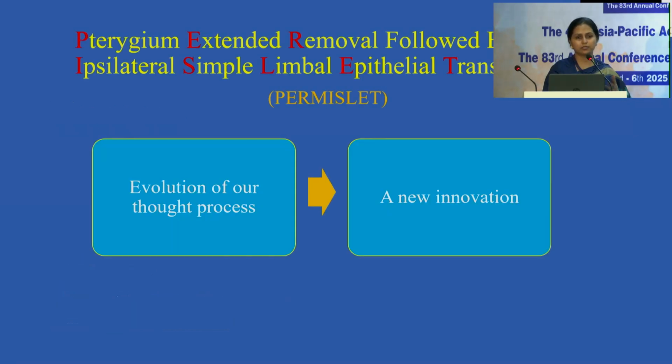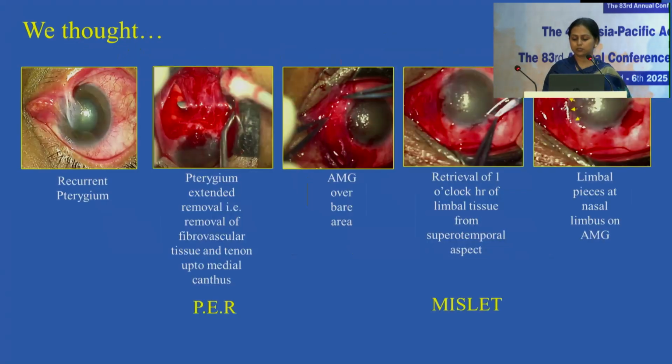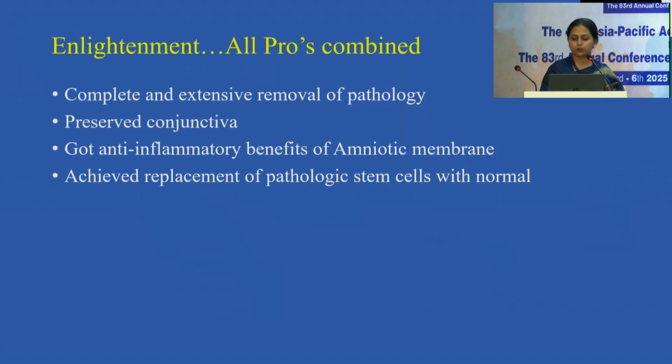Now, our thought process, why we wanted to go for this modification in the already perfect technique, was to preserve that conjunctiva, that superotemporal superior conjunctiva, if we require it for some other procedure, like in some patients who probably have glaucoma and we would like to do some other surgery there.